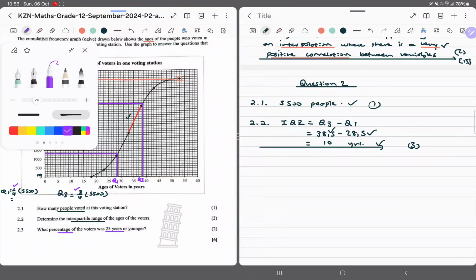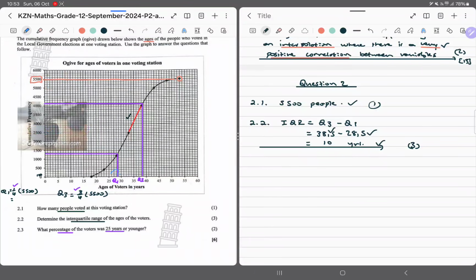Now we just go to the age of 25 and then we take it to the ogive. So 25 goes up. This thing has a tendency to really mess with me today.